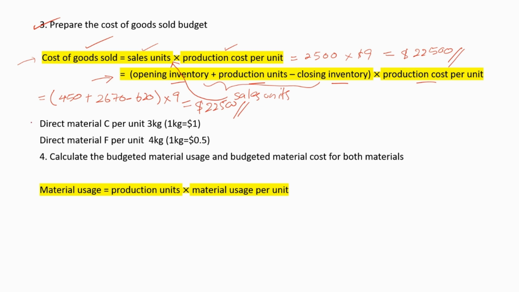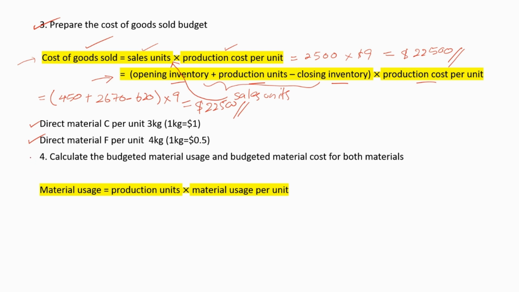And now they have given extra information for the example question. Direct material C per unit is 3 kilograms and 1 kilogram is equal to $1. Direct material F per unit is 4 kilograms, 1 kilogram is equal to $0.5.